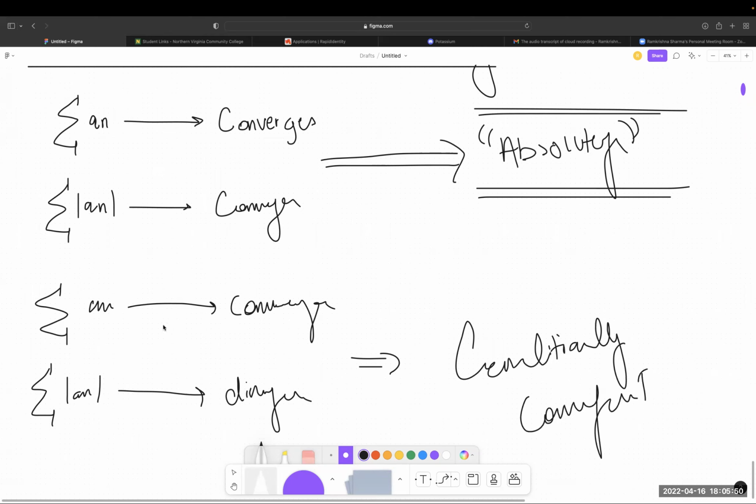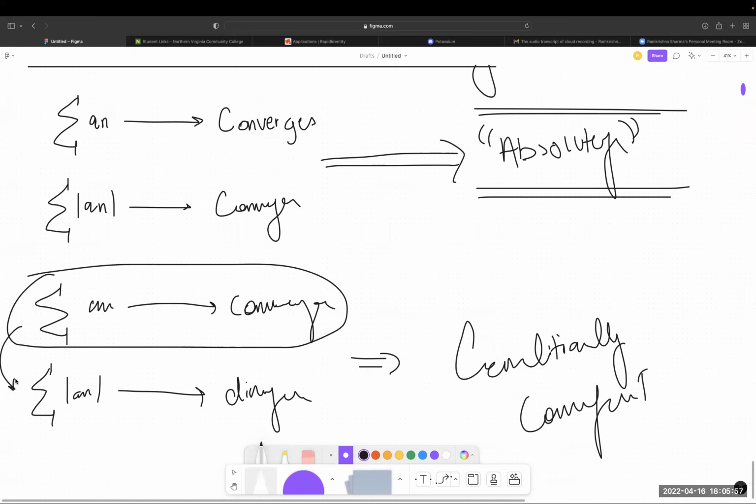And the idea here is that the condition is that you're convergent, sure, but if you take the absolute value of it, then you're divergent. That's why they say it's conditionally convergent, because you're convergent, but not if you take the absolute value of it.